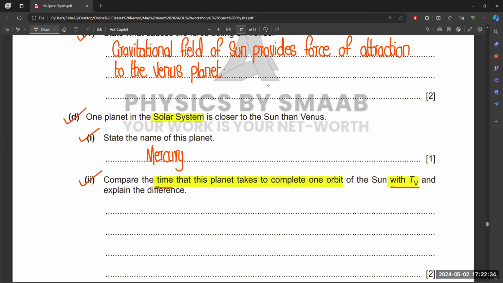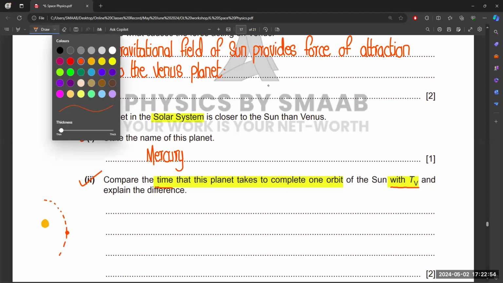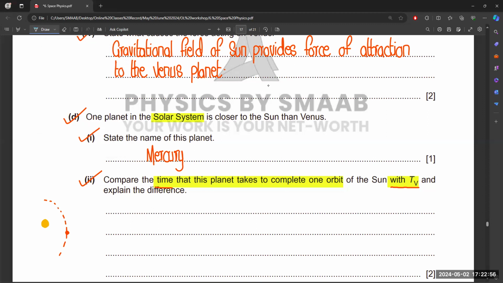Because Mercury is close to the sun, right? So when Mercury is closer to the sun, definitely its orbit is also small. Let's suppose this is the sun, this is the radius of Mercury, and Venus is the second planet.